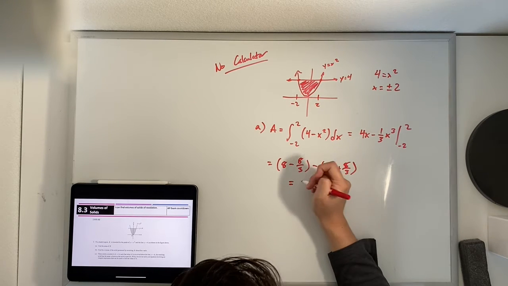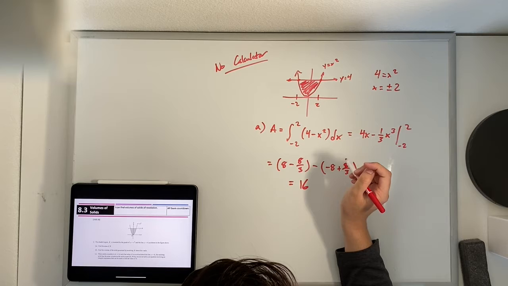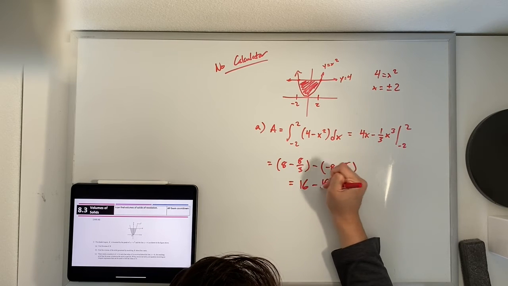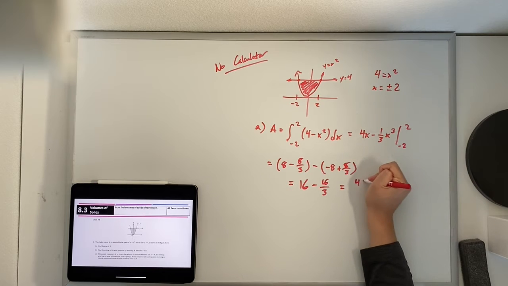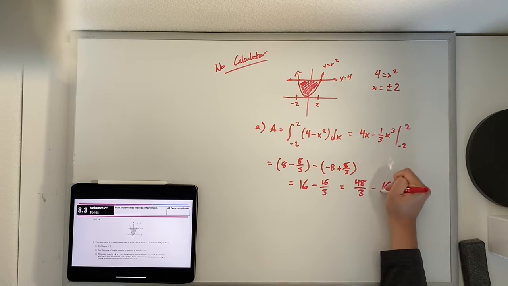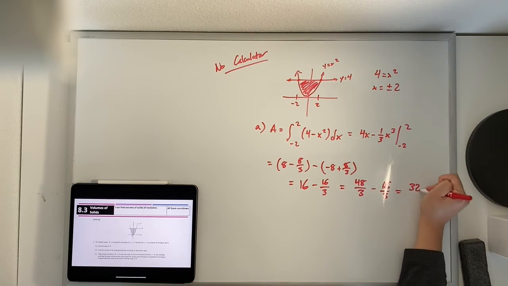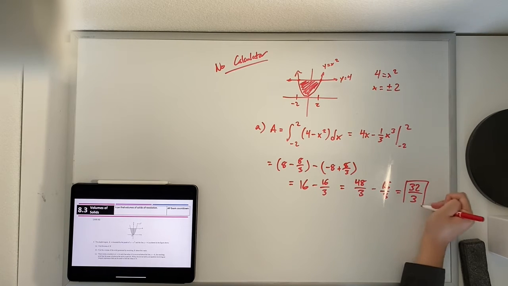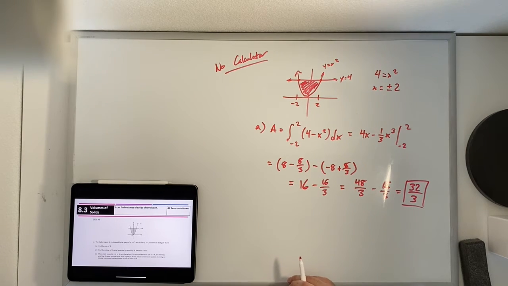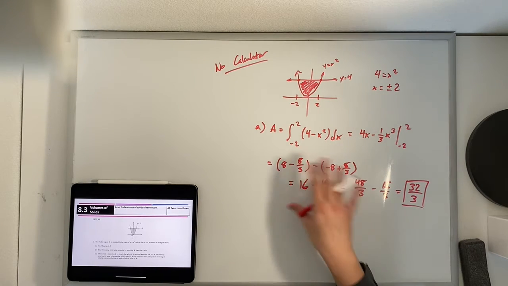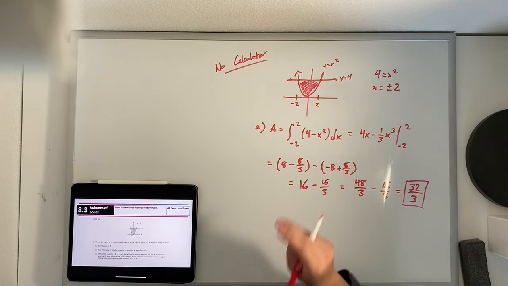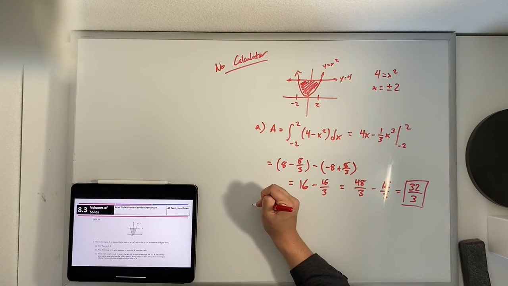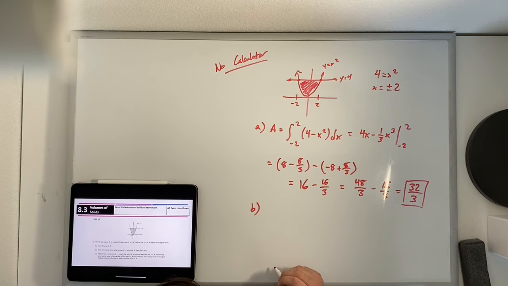We get 8 plus 8 is 16, -8/3 minus 8/3 is -16/3. We need a common denominator, so this becomes 48/3 minus 16/3, which is 32/3. That is the area of this region, okay? So not too bad there. Just area of a region between curves is the integral of the top function minus the bottom function.